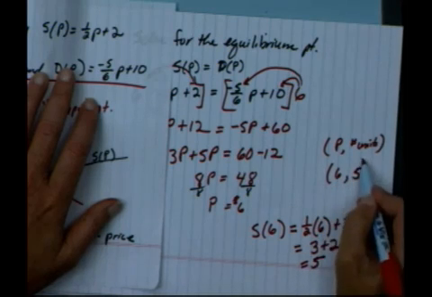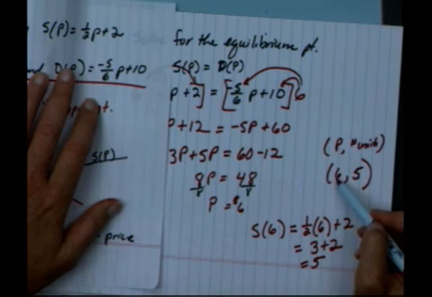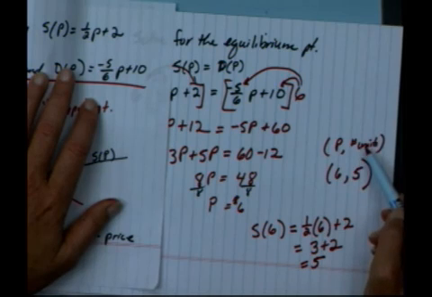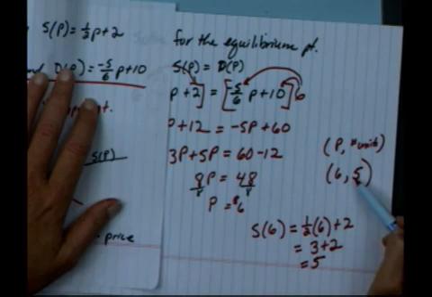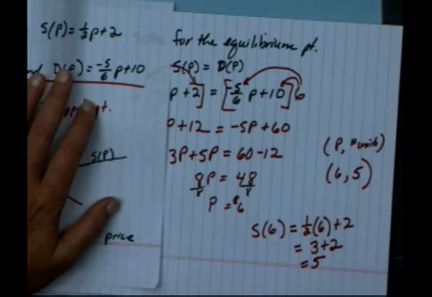So this means that the consumer is willing to purchase 5 units when the price is $6 per unit. It also means that, did I just say consumer? The producer is willing to produce 5 units when the price is 6. Everybody's happy. Questions on that, anybody?